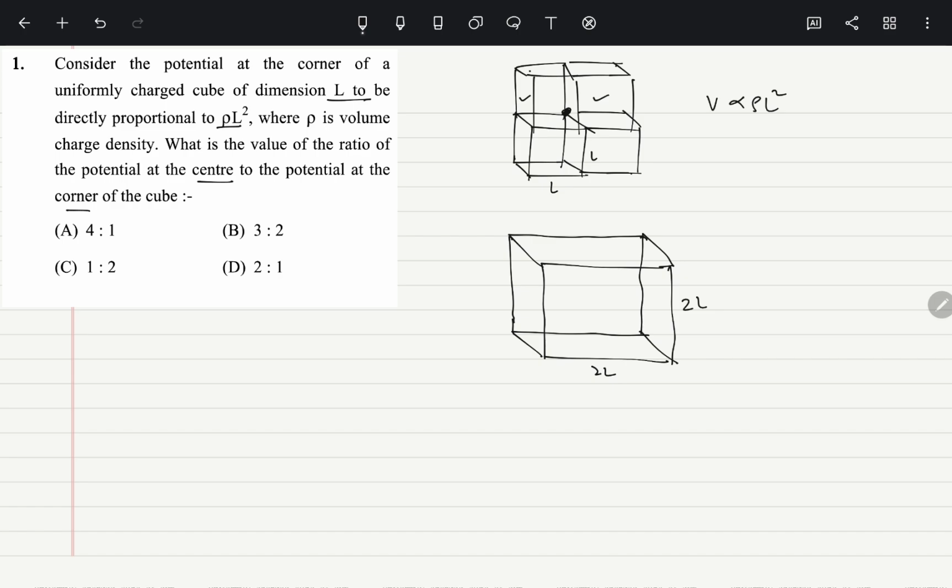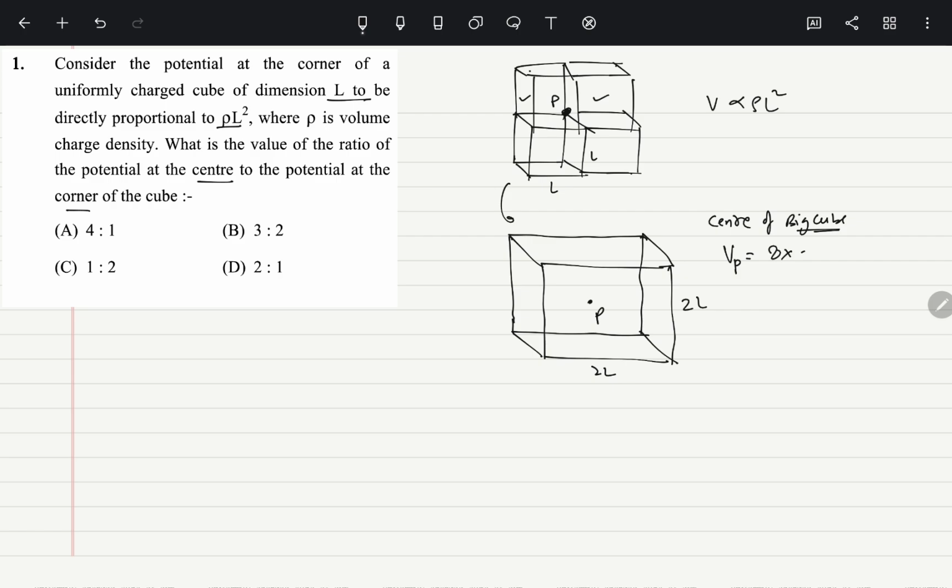So once we convert this small cube into this big cube, this corner point P comes to the center of this bigger cube. And what is the potential at this P now? So VP, the center of the big cube, will be equal to, since potential is a scalar quantity, we'll add the potential of each cube.